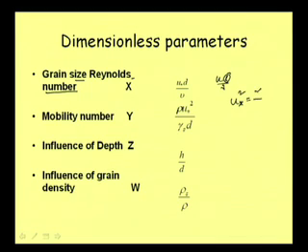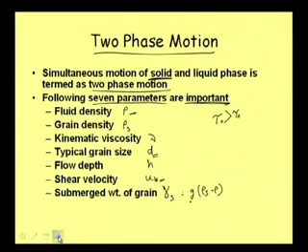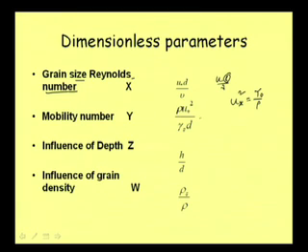So u star square is equal to tau 0 by rho, and gamma s we can write as g rho s minus rho. So this term is tau 0, rho and rho get cancelled, this is g rho s minus rho into d, and that is what we got as tau c star.